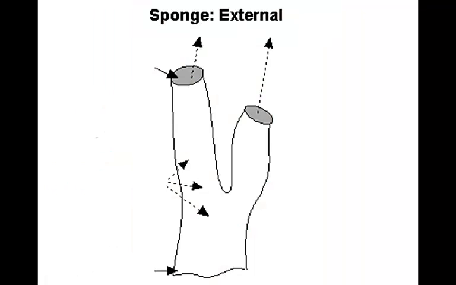If we look at a sponge, some of the important anatomy to notice is the osculum. This is a large opening in the top of the sponge that allows water and waste materials to flow out of. The osculum is the exit.